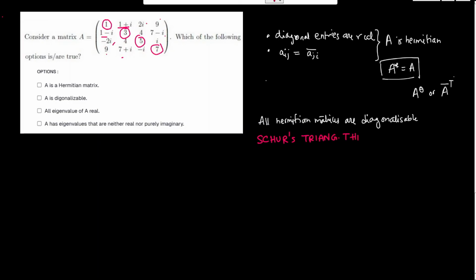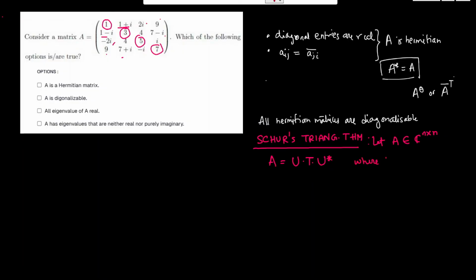Now, what does Schur's triangulation theorem say? It says that you take any complex matrix which is n by n, right? Then you can write that complex matrix as U times T times U star, okay? Where U is a unitary matrix, right?